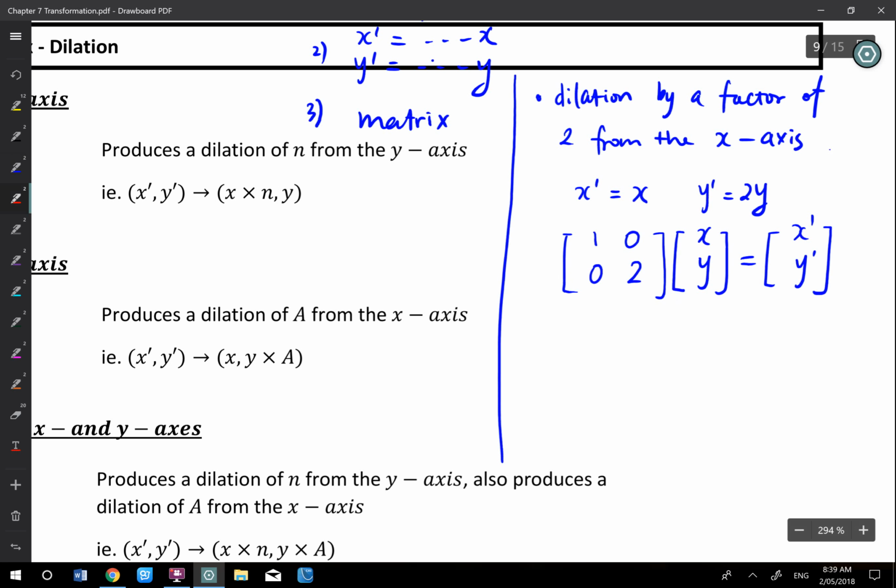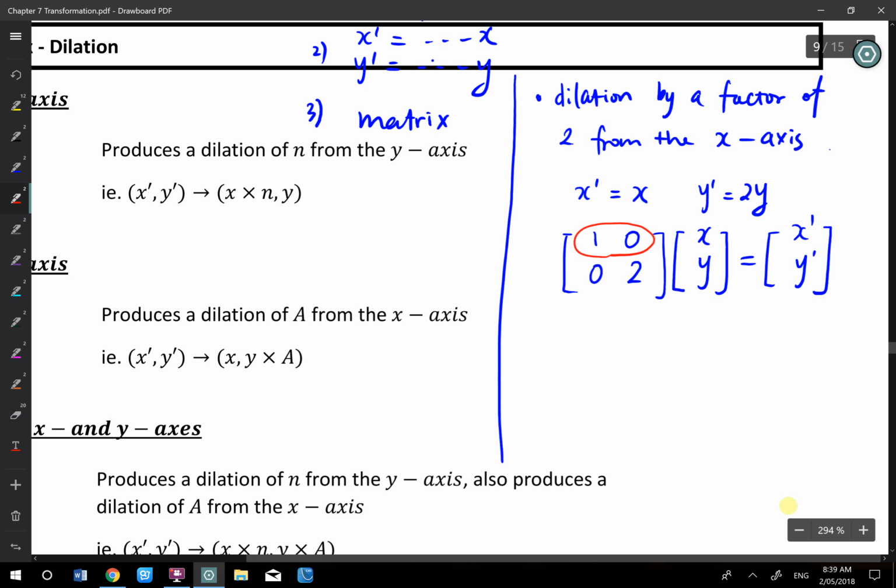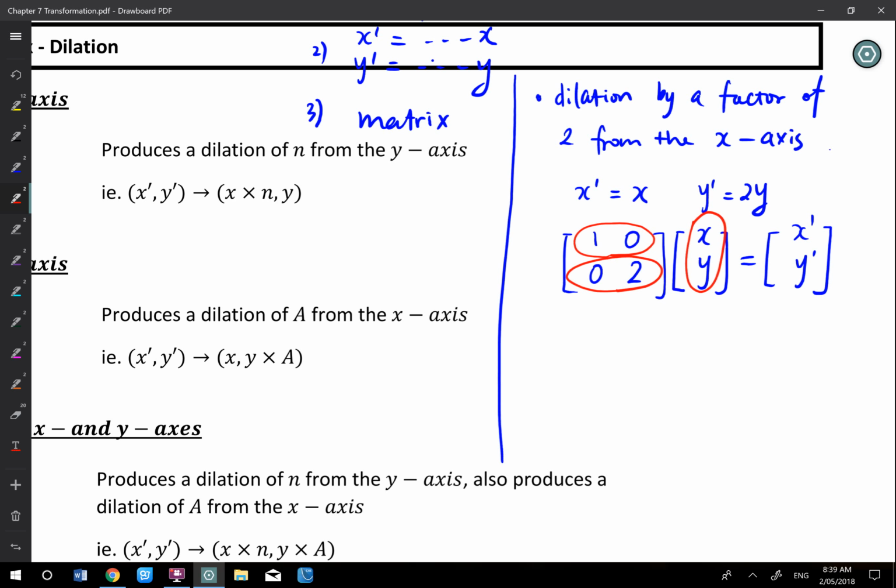If I calculate the left-hand side, remember row, column. A 2 times 2 matrix can multiply with a 2 times 1 matrix. We went through that calculation yesterday. So they can be multiplied together, row for the first one and column for the second one. The answer will be a 2 times 1 matrix.